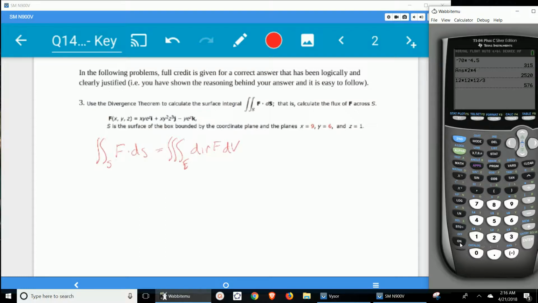Okay, so we'll just get the divergence of F. So divergence of F equals the dot product of like this.